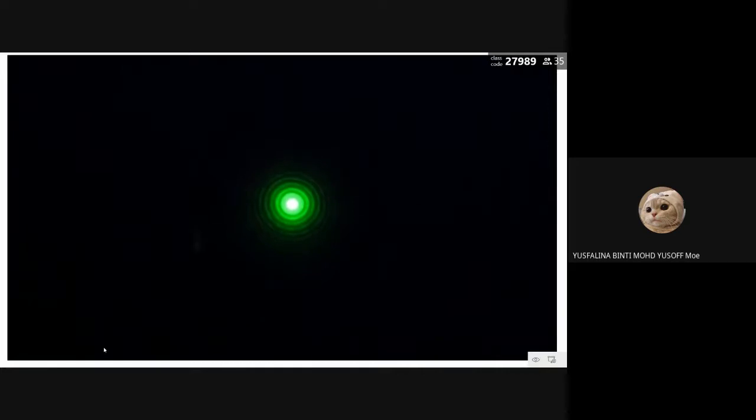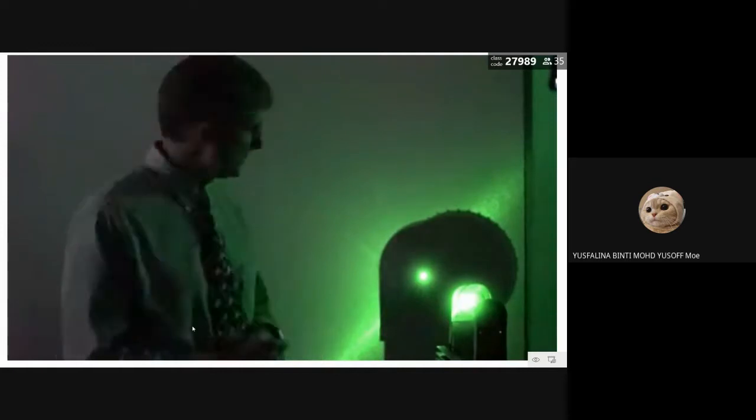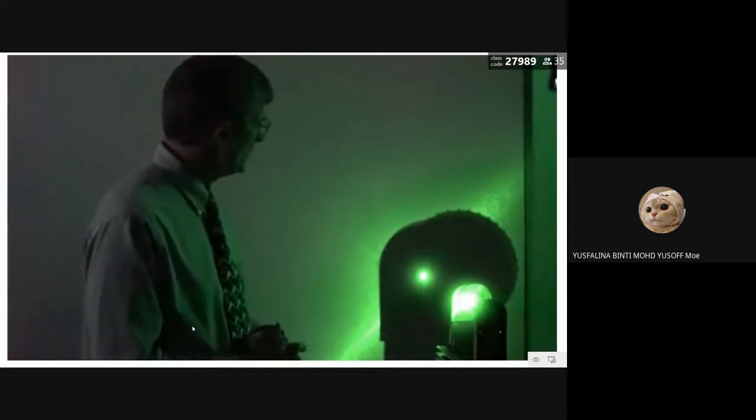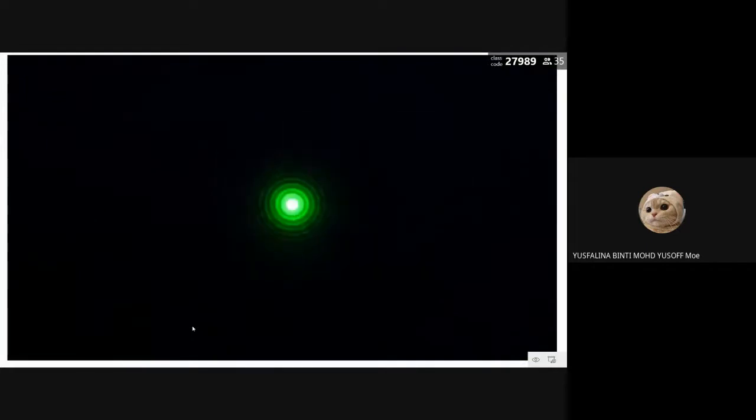This is a very important pattern, the pattern produced by a circular aperture, and it's important in resolving stars and has relevance to the Rayleigh criterion, where to resolve two stars, you have to take into account this diffraction pattern from the aperture.